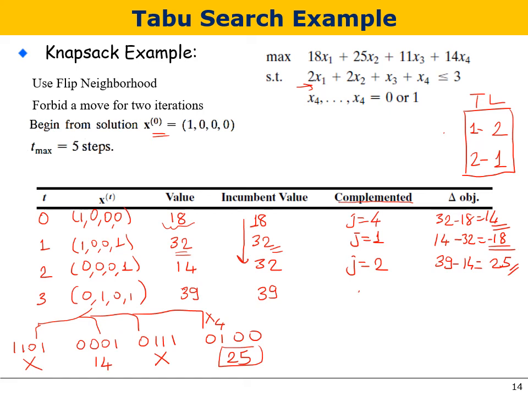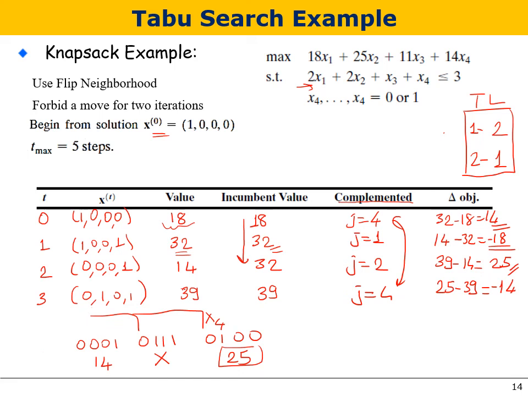So it means that j equals 4. You see, the same variable can be complemented twice after waiting at least 2 periods of time. And okay, now my new solution value is 25, and my previous solution was 39, and there is a worsening in objective function value by 14 units.